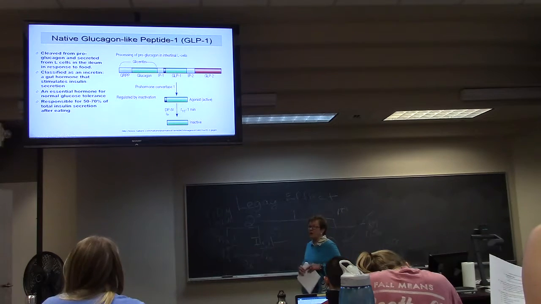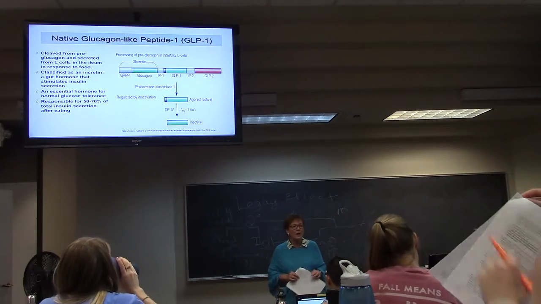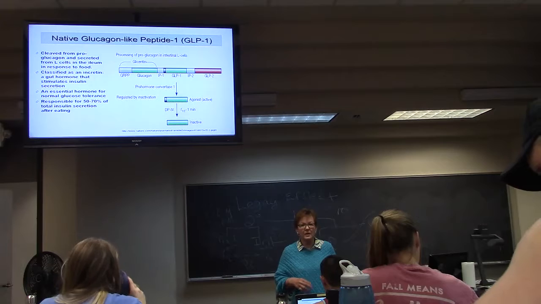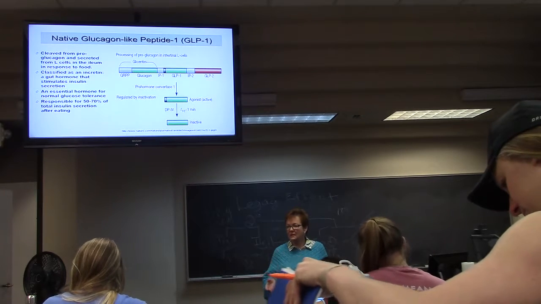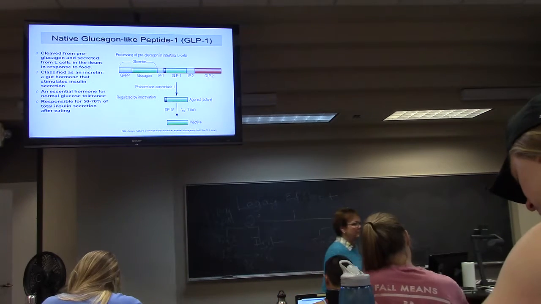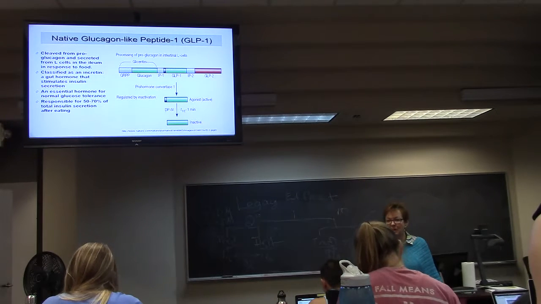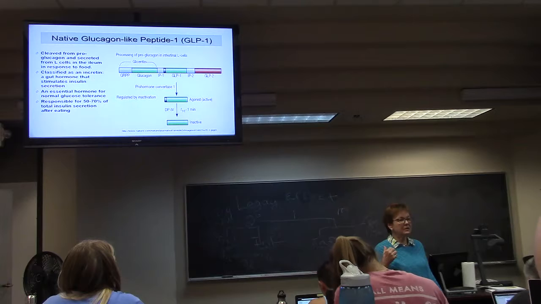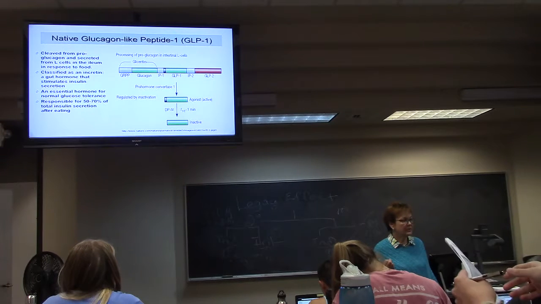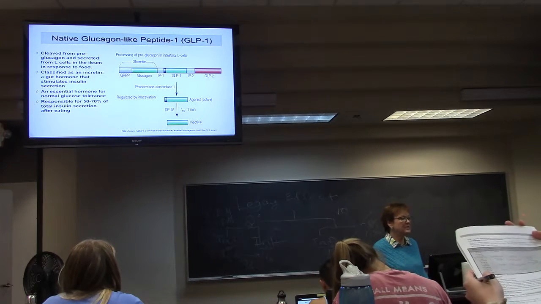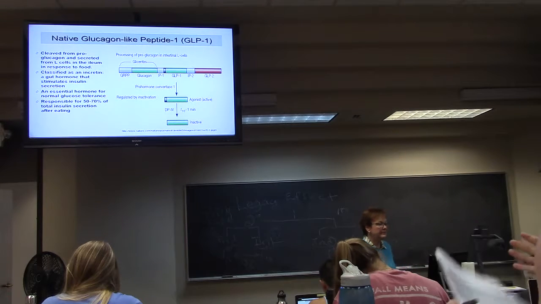So all of these are inactivated by DPP4, but they are very resistant to it. So your natural endogenous GLP-1 probably lasts a matter of a few minutes. These GLP-1s, their half-life is like 24 hours. Okay, so they're very powerful. So the resistance to breakdown is high.